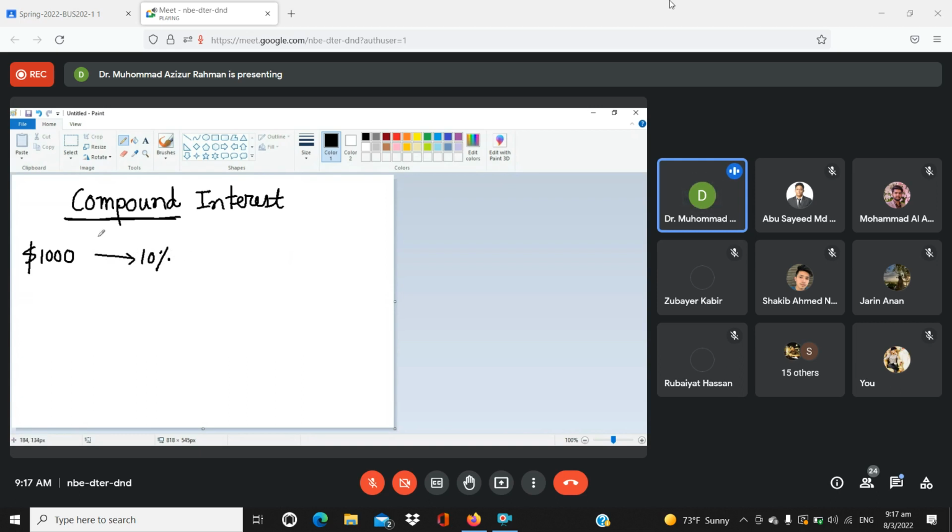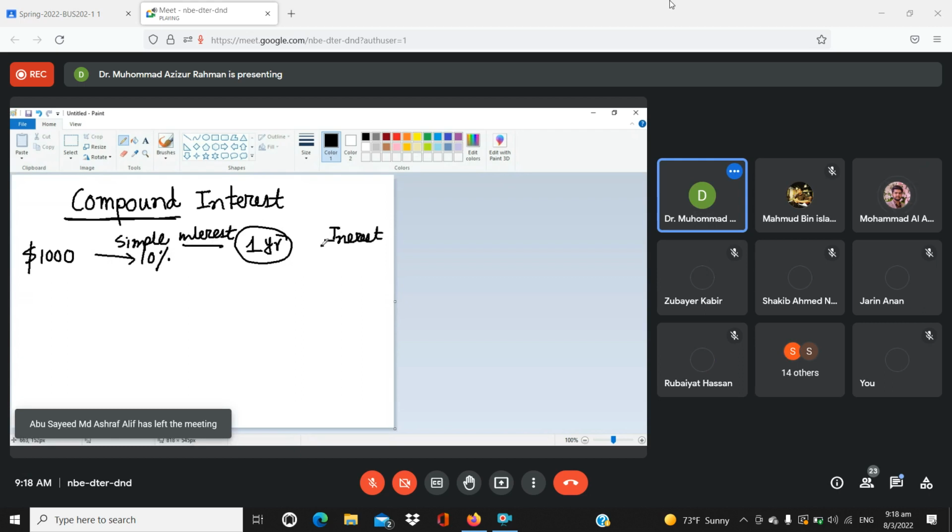Simple interest rate, which is simple. So you invest 1 year. At the end of 1 year, how much interest will we get? $100. So you think that is simple interest. 1 year later you will get 100. Is this clear to everyone?